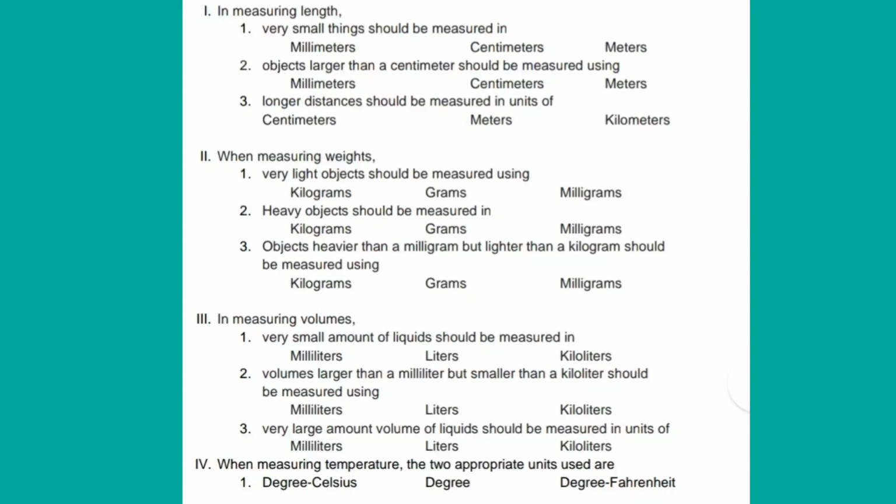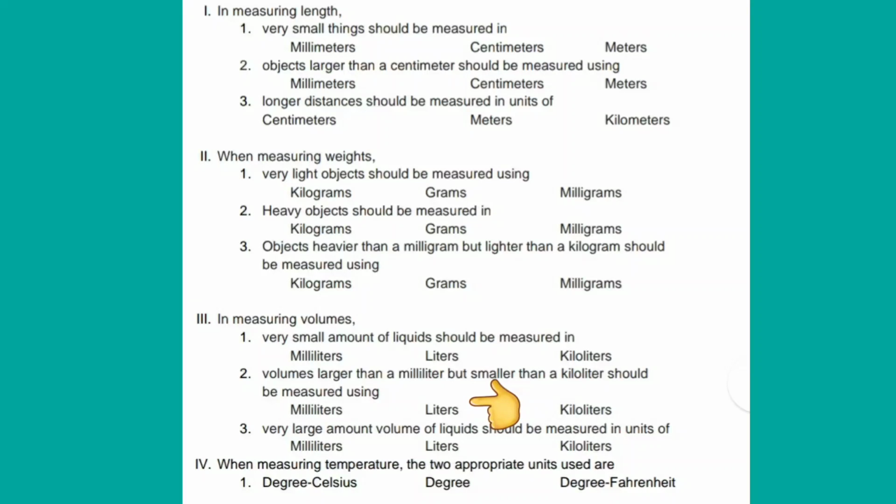In measuring volumes, number 1, very small amounts of liquids should be measured in milliliters. Wow, very good. Number 2, volumes larger than a milliliter but smaller than a kiloliter should be measured using.